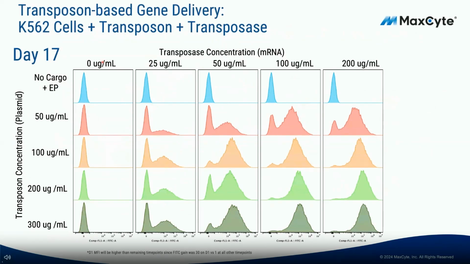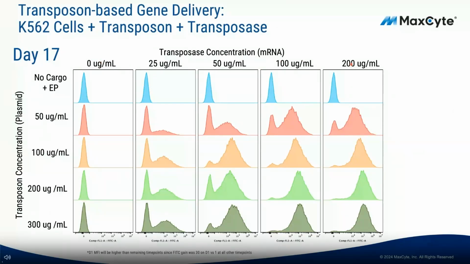And then in addition to random integration, you can use a DNA transposon based method for gene delivery. This is data generated by our in-house team, where you can use K562 cells with a DNA transposon and an mRNA transposase. On the left-hand side here, you see increasing amounts of the DNA transposon at day 17 after electroporation, and then also increasing amounts of mRNA transposase.